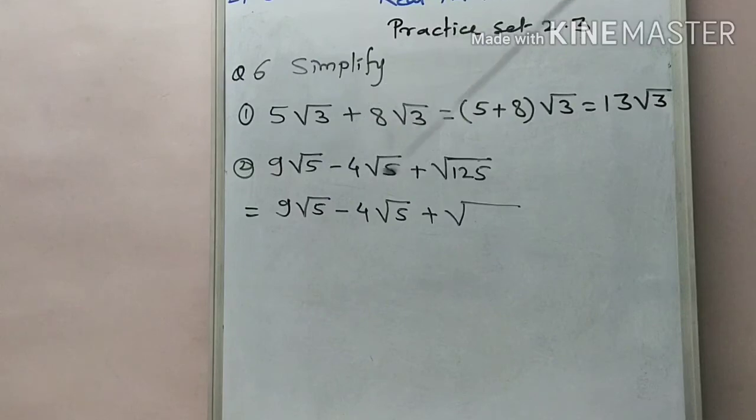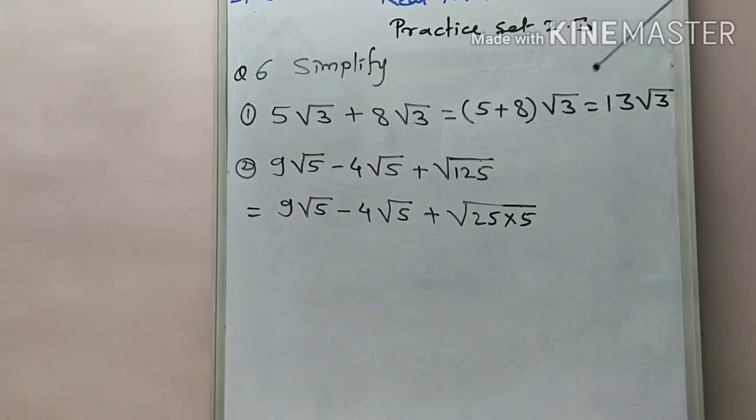So what we observe here students, that there are three surds here, but all three surds are not like surds. Okay, first two are like surds, third one is root 125. So first we have to factorize it in such a way that one factor we get is 5 here, and one is a perfect square number, and hence the factorization of 125 is exactly 25 times 5, because 25 is a perfect square number.